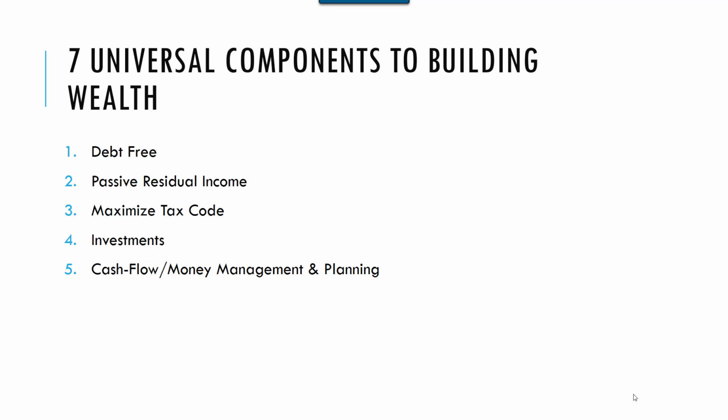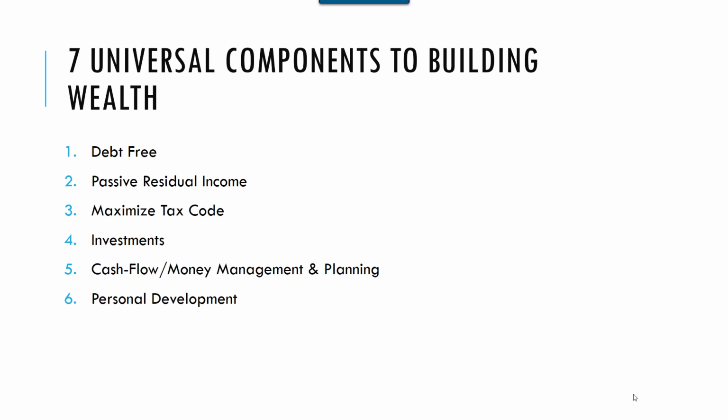Cash flow is also important because, for one, there are a lot of times you can find some great opportunities when you have the right amount of cash available to take advantage of an opportunity. But number two, when you also have a good amount of cash flow coming, you don't have to worry about using a lot of debt to secure things that you believe that you need. So cash flow, money management, and planning are very important.